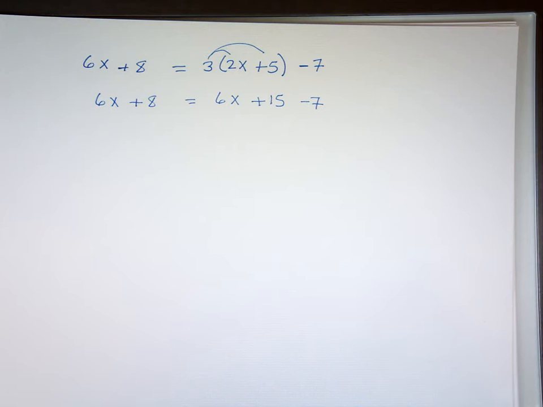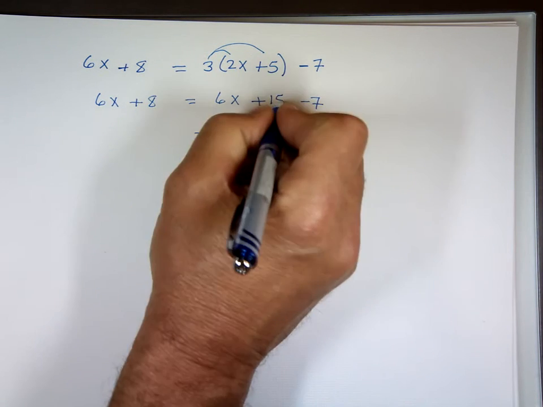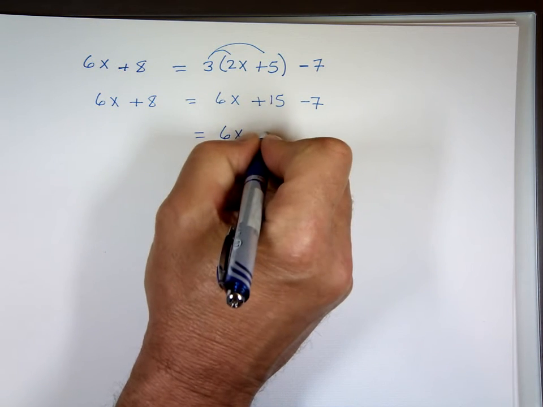It says combine like terms on each side. On the right side, if you combine like terms, what's plus 15 minus 7? 8. Plus 8.